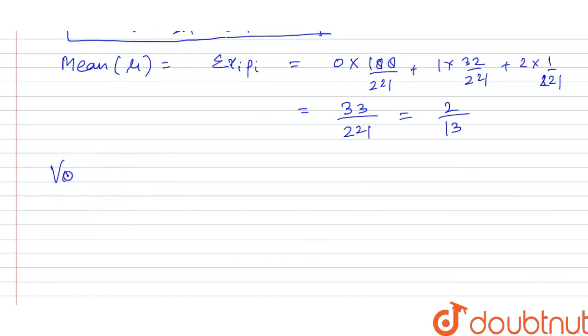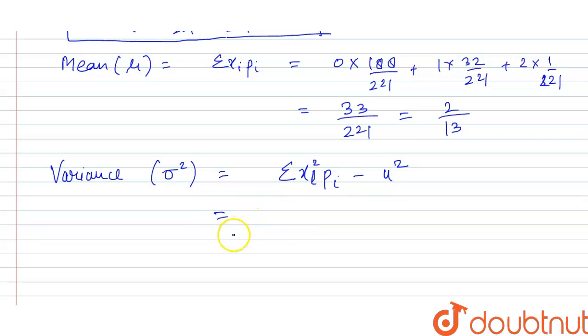Now we have to find the variance. The variance, sigma squared, is found by the summation of xi squared into pi, minus mu squared.